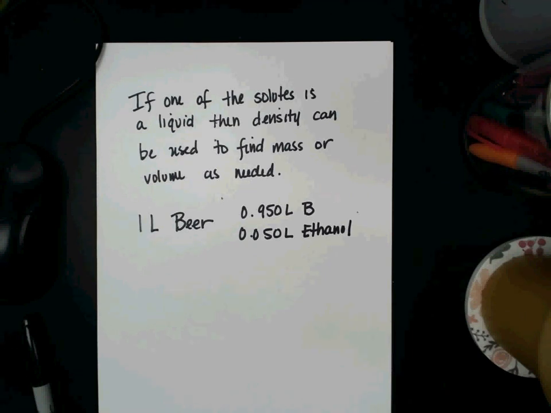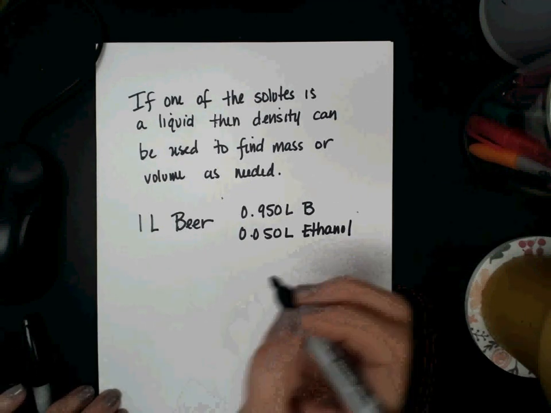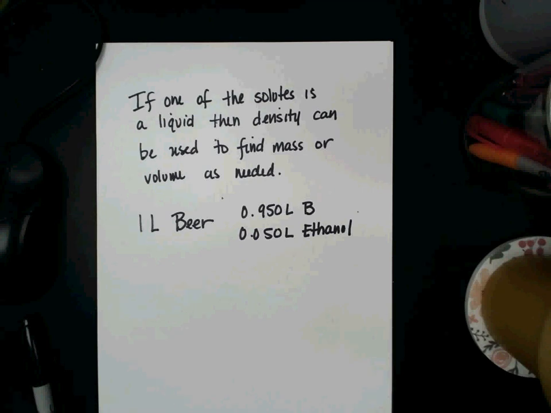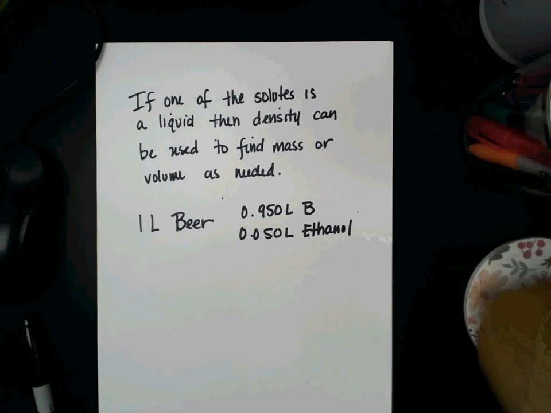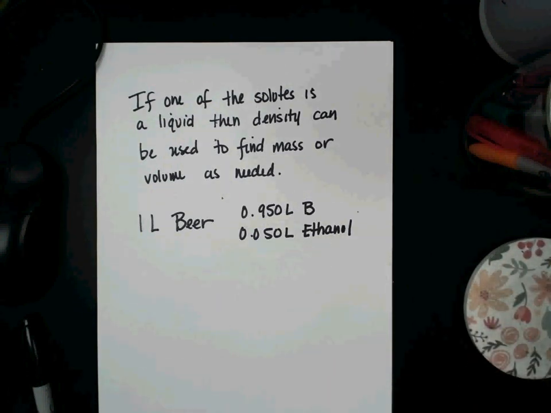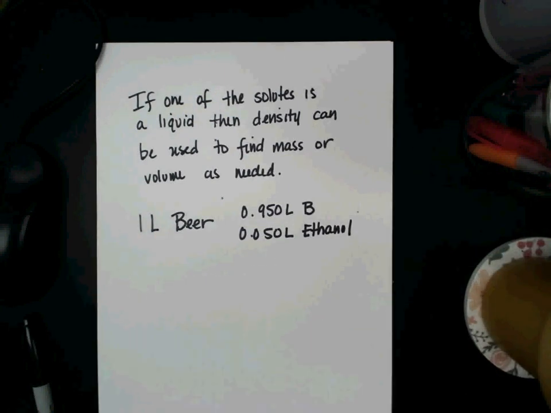Make sense? So then the next thing I want you to do is find the molar mass of ethanol. You've got the formula on your paper. Find its molar mass real quick because we're going to need it.